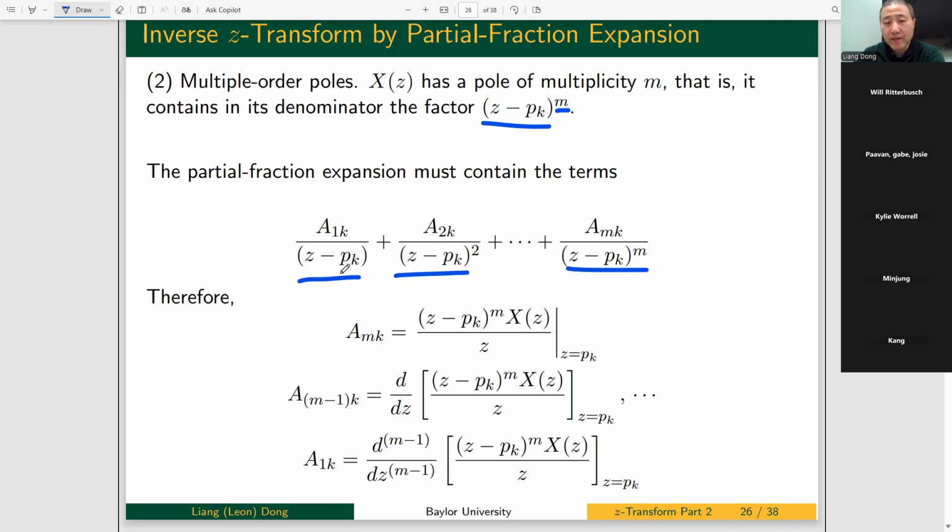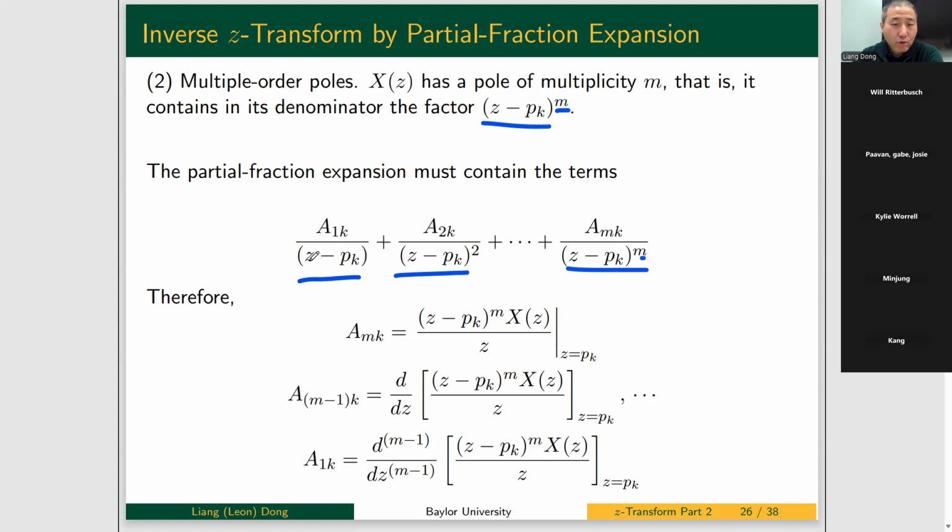The denominator is this to the power 1, to the power 2, all the way to the power m. How do we calculate these constant coefficients, a sub 1k, a sub 2k, a sub mk?